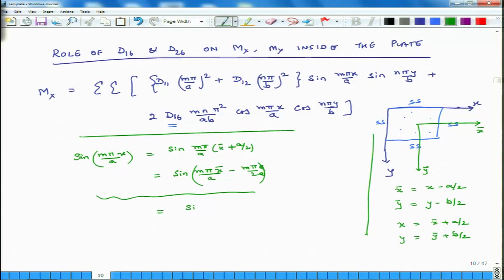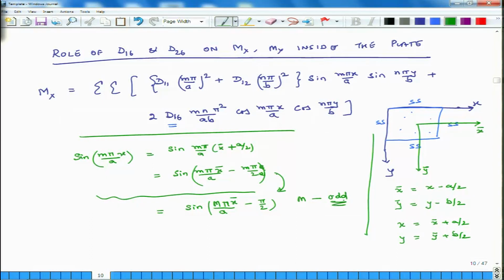Essentially what you will end up with is something like this: sine m pi x bar over a minus pi over 2. To make that jump, I have to make one additional change: this will be called big M, and this big M is only odd.